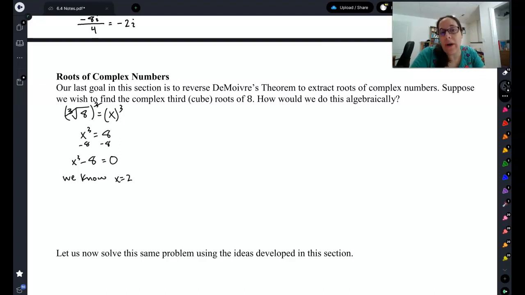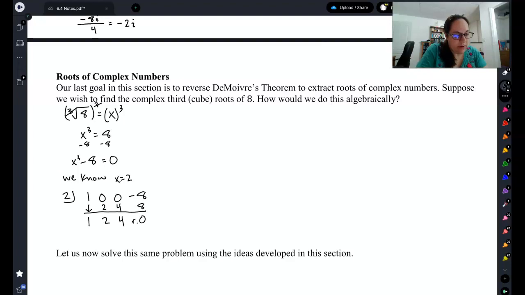So if we know one of the cube roots of 8, I can use that to find the other 2 using synthetic division. So we take the one root we know and we do our synthetic division. Hopefully you remember this. Multiply and add, multiply and add.